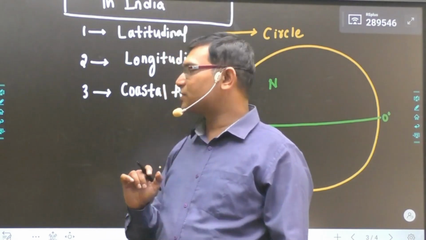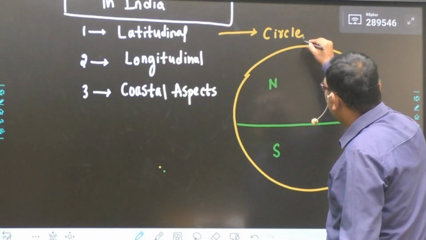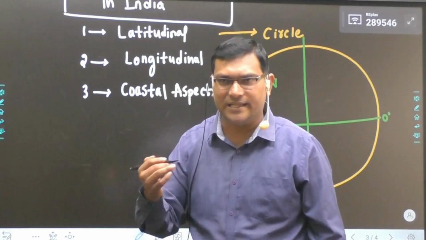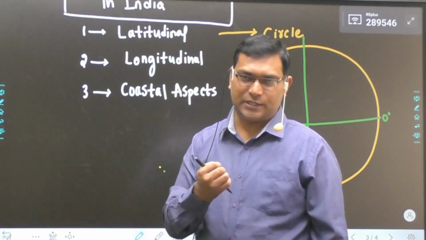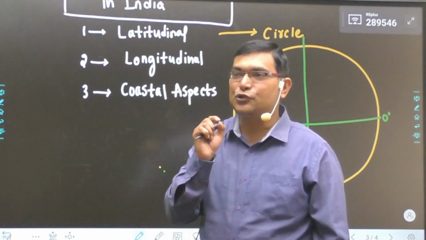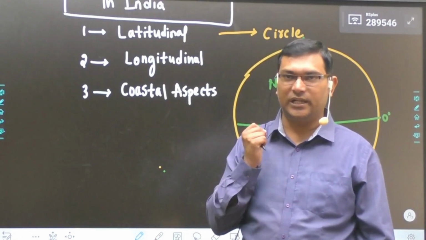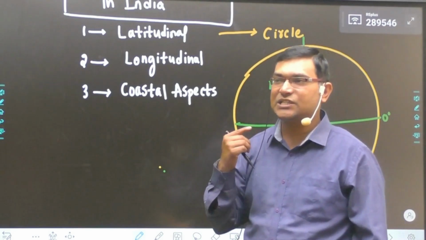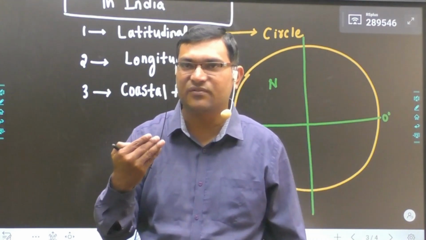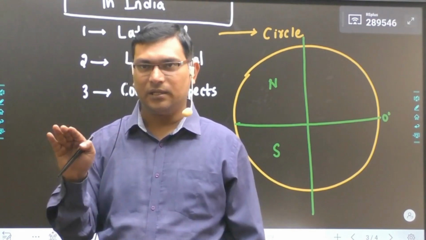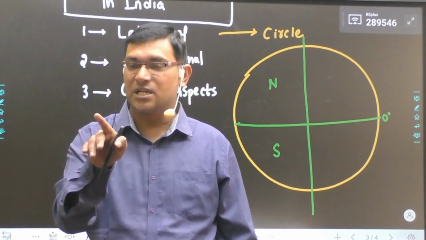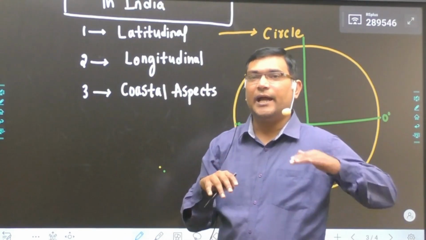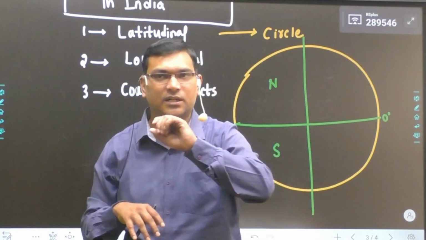Now you see, there is a horizontal line and a vertical line. These are imaginary lines. One is longitude, one is latitude. What is the significance of 0 degree latitude? It signifies that the earth is divided into two halves, the north hemisphere and the south hemisphere: above the equator is the north hemisphere, below the equator is the south hemisphere.